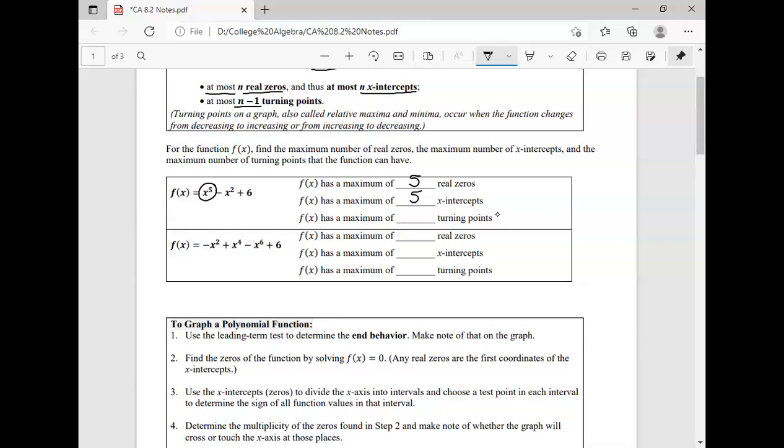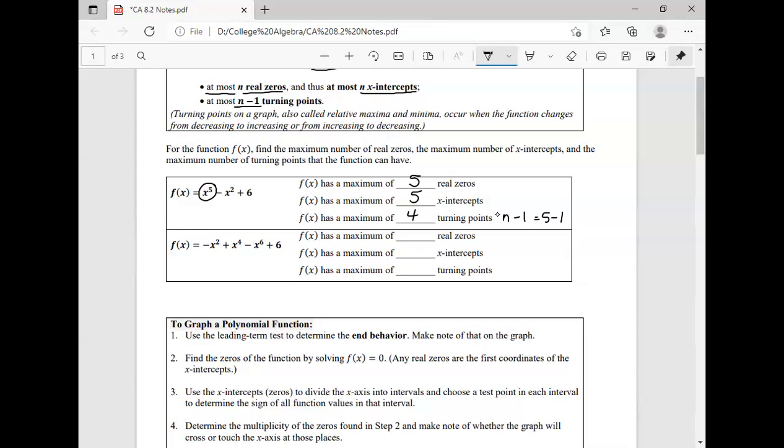Those things are the same. And then to get the turning points, I want to do n minus 1. So I would do 5 minus 1. So it has a maximum of 4 turning points, or a maximum of 4 relative minimums or maximums, where it takes a turn from increasing to decreasing or from decreasing to increasing.